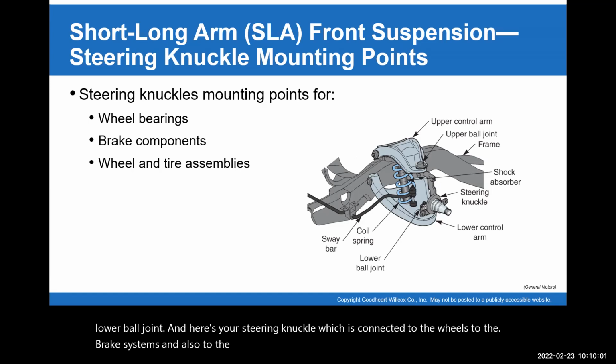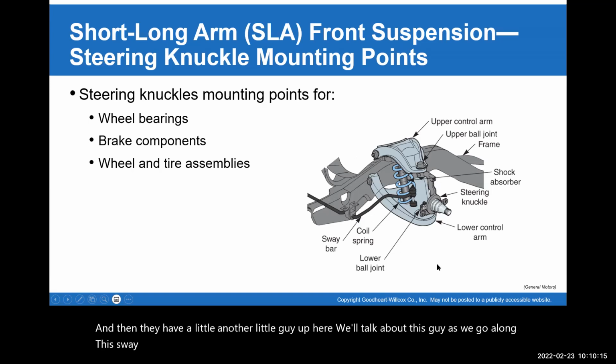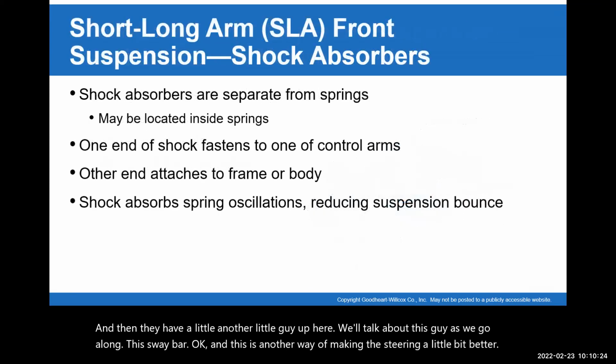Then you're going into the rim and the tire as you go across. And then they have another little guy up here. We'll talk about this sway bar as we go along. This is another way of making the ride a little bit better.